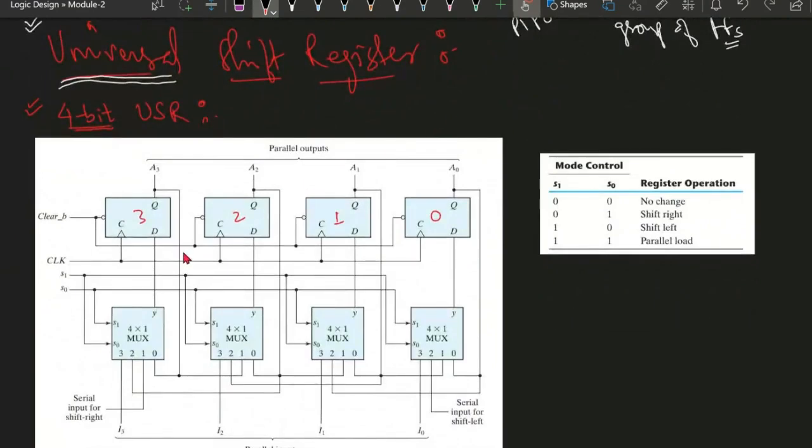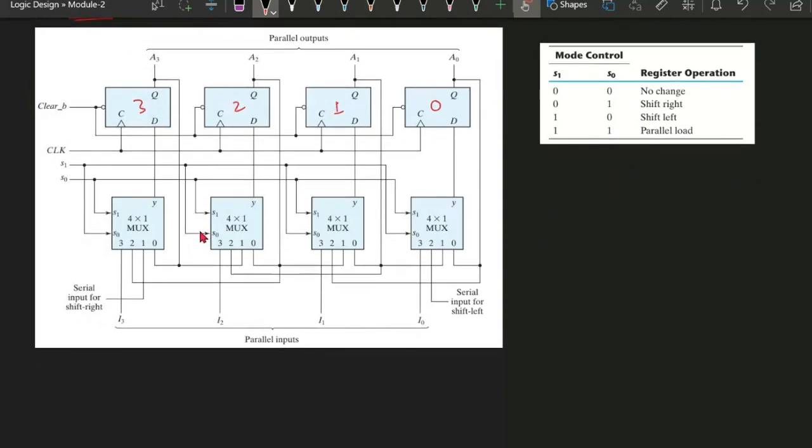To constitute the serial in, serial out and parallel out, a combination of mux is used. 4 flip-flops are there, and each flip-flop has been assigned one 4x1 mux. We already know the 4x1 mux. In a 4x1 mux, its meaning is 4 inputs and 1 output.